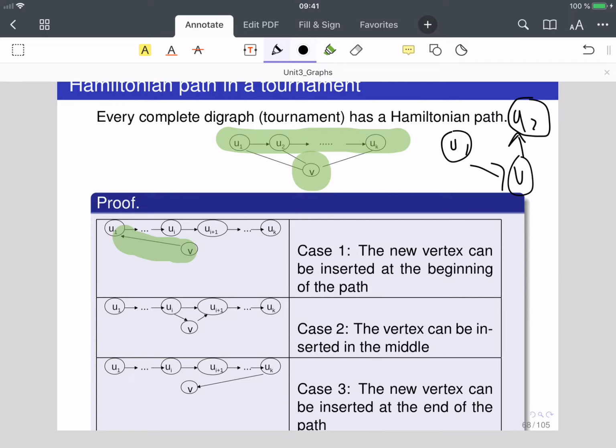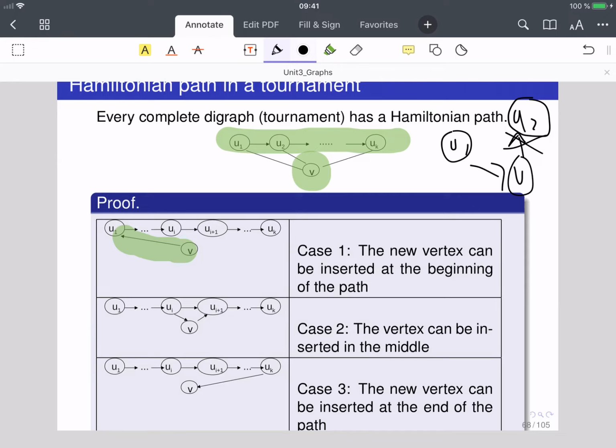Okay, we remove the edge from U1 to U2 and we replace it with an edge that goes from U1 to V and then from V to U2. Okay? If this is not possible, if there is no arrow going from V to U2, then we must have an arrow that goes from U2 to V because this graph is a tournament.